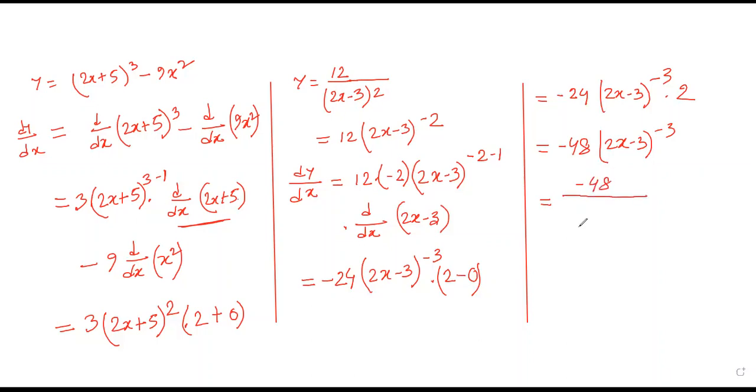Minus 48 divided by (2x minus 3) cubed. I hope you have understood it. Just simply differentiate step by step. So the math is done.